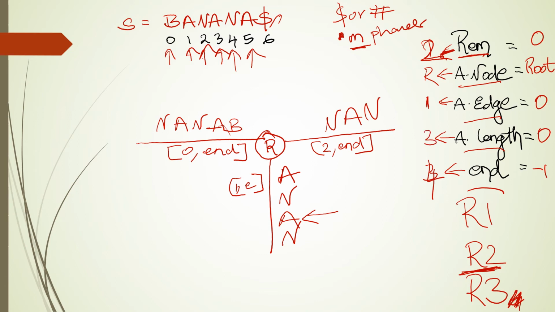Current remainder is 3 and active length is 3. So that's good now.